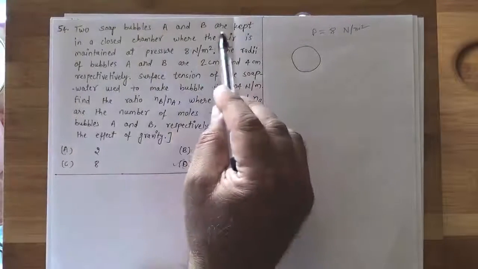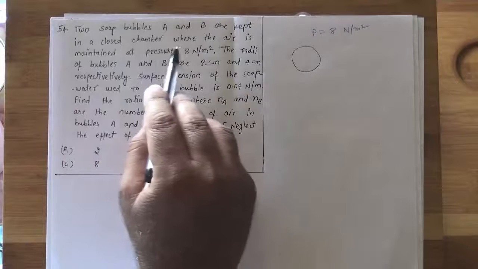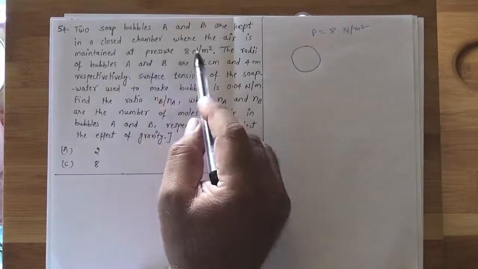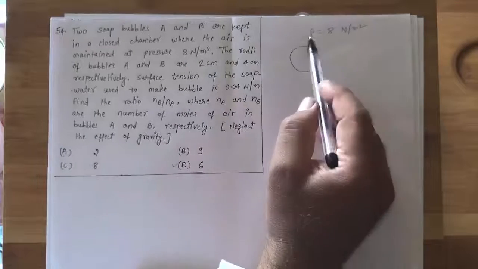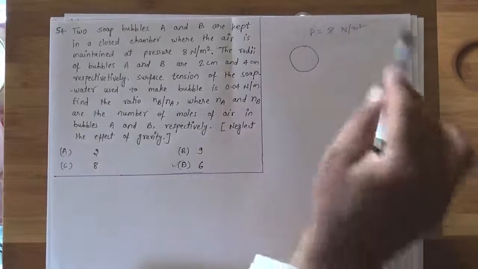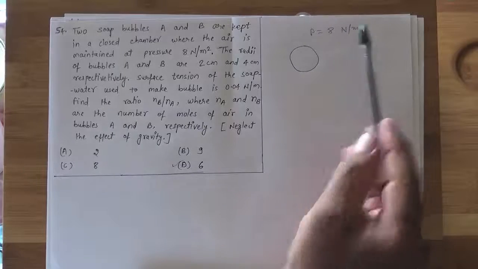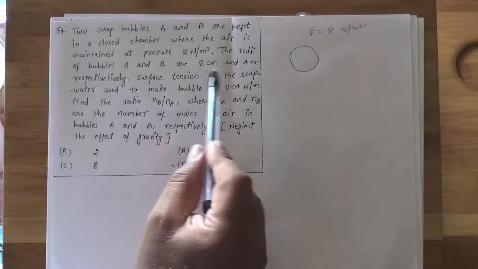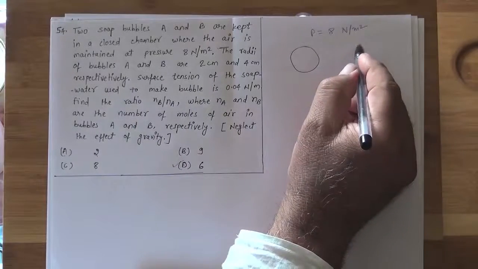Two soap bubbles A and B are kept in a closed chamber where the air is maintained at pressure 8 Newton per meter square. The radius of the bubbles A and B are 2 centimeter and 4 centimeter.